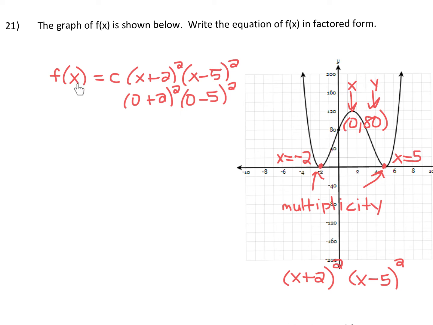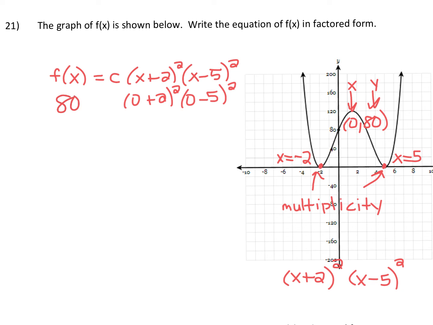And I know I see an x here. This says f of x. You could write f of 0, but that's not going to help you. You want to get this function notation out of the equation so that we can solve for c. We know that f of x is another way of saying y, so I'm going to replace the f of x with 80.